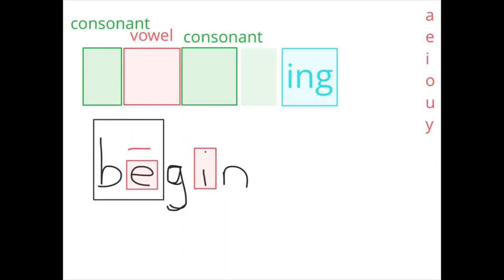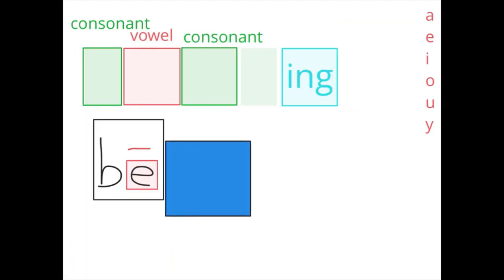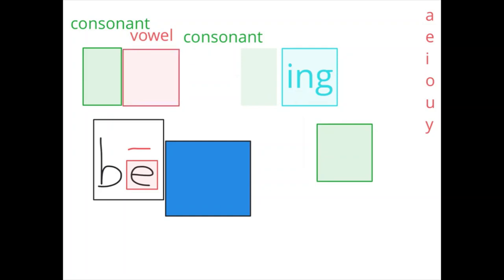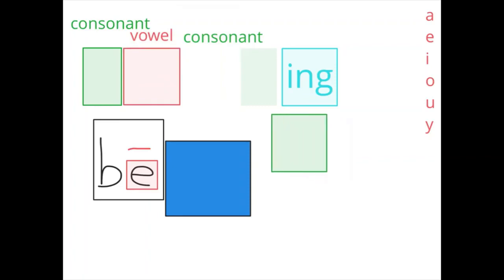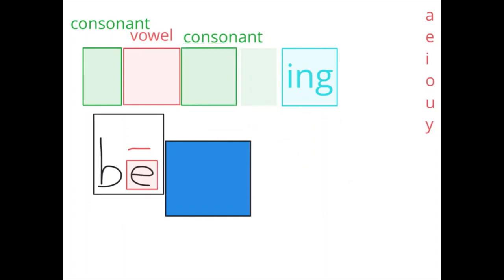This needs to be an open syllable so that the E is the last sound in the syllable. We'll just cover this up for a minute. Okay? If the E is the last letter in the syllable, so that our syllable looks like that right here, and the E is the last letter, it's like the vowel can say, I'm free, I can run away. It's like an open door. That's an open syllable. And then the vowel will make the long sound. So now we know that we're going to make our syllable right after the E.